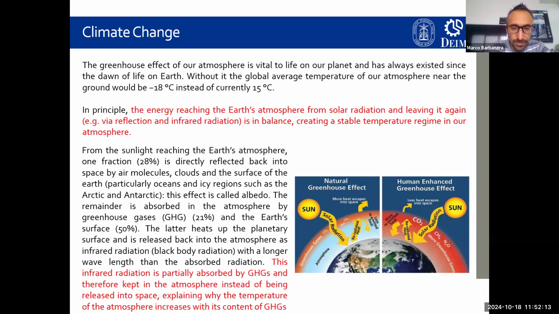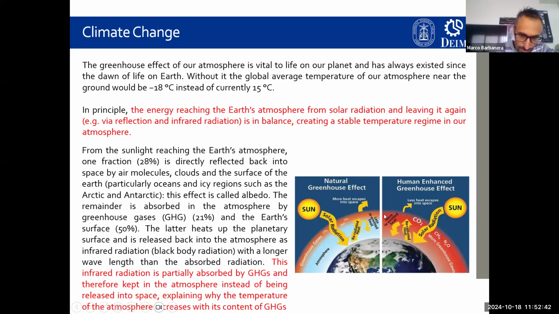And in particular, this reflection of the solar radiation into space is due to a layer, as we can see in this slide, of greenhouse gases in the upper layers of the atmosphere.